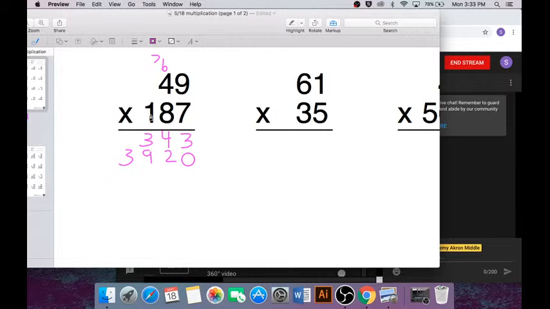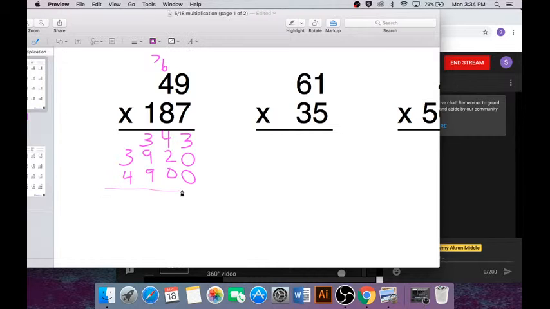Okay, now we move over to our 1. Our answer is going to start here, so we're going to put 2 zeros to hold our place. So 1 times 9 is 9. And then 1 times 4 is 4.